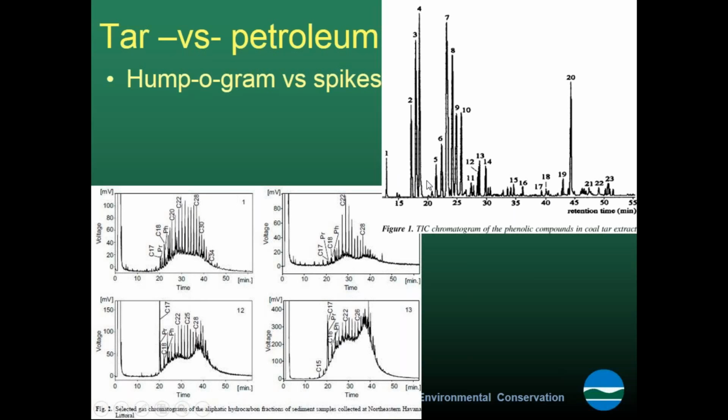A chromatogram of coal carbonization tar will be a series of very specific spikes, as you see in the top right corner, whereas petroleum will have a hump of undifferentiated, really complex materials that the chromatograph really can't differentiate sufficiently. So just by looking, you can see the difference in the chromatogram between the tar and petroleum.